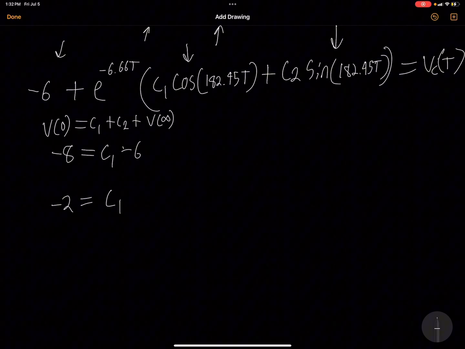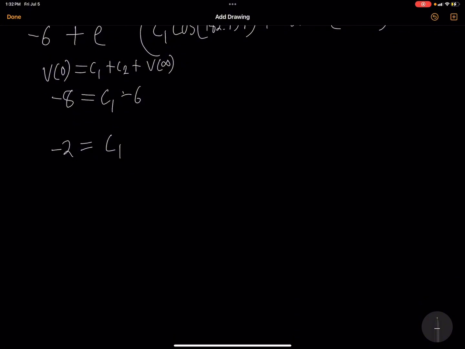Okay. So now we need to figure out what C2 is. How do we do that? Well, we need to find our next initial condition, which is going to be our IVP for dV0 plus, the first derivative, dt, of the IVP.